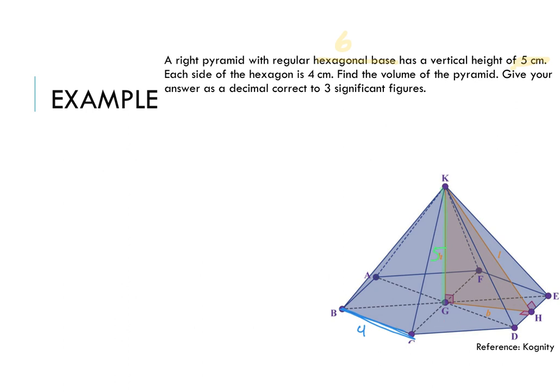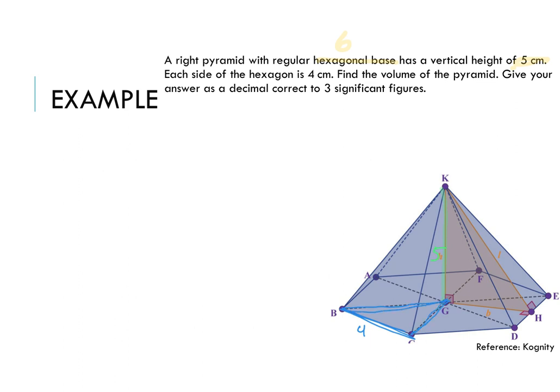There's always another way that we can find the area of these bases. If we look at this hexagon, it's a regular hexagon, meaning that all the sides are equal to each other. Therefore, all these sub-triangles that you see inside of the hexagon are also equal to each other.